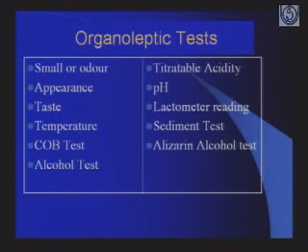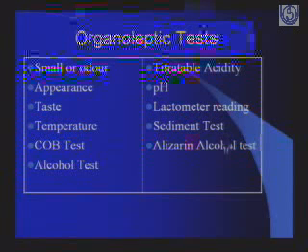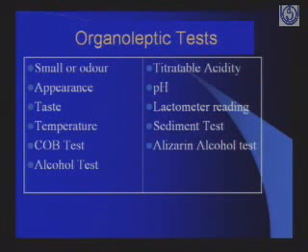Then comes the reception of milk, the checking of quality at the collection centers or at the dairy plant. You have to conduct organoleptic tests, which include the smell or odor of the milk, which will give you an idea whether the milk is acidic or not. Then you see the appearance of the milk.